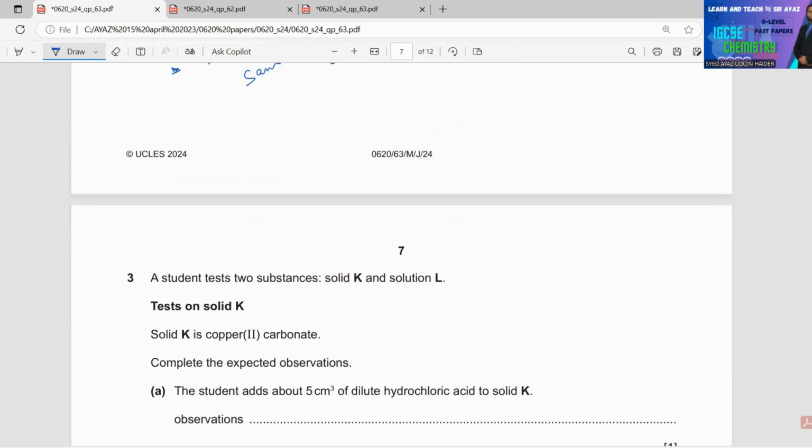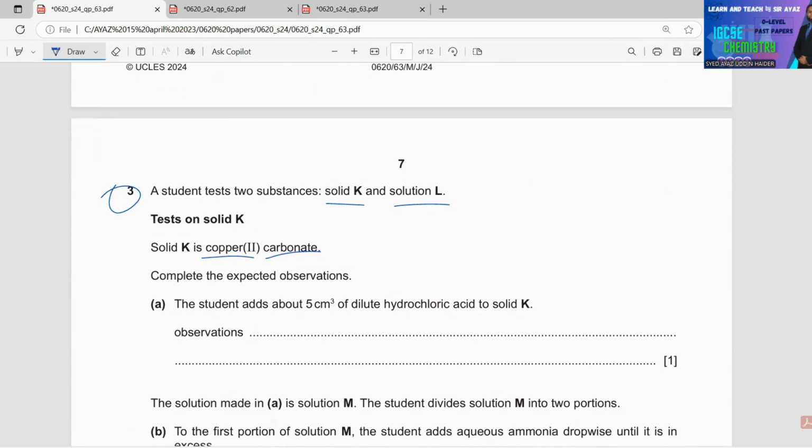Moving to next question, which is question number 3. A student tests 2 substances, solid K and solution L. Test on solid K. Solid K is copper 2 carbonate. They already gave us the name of the substance. Complete the expected observations. A, the student adds about 5 cm³ of dilute hydrochloric acid to solid K. So it's a reaction of copper 2 carbonate with hydrochloric acid, HCl.